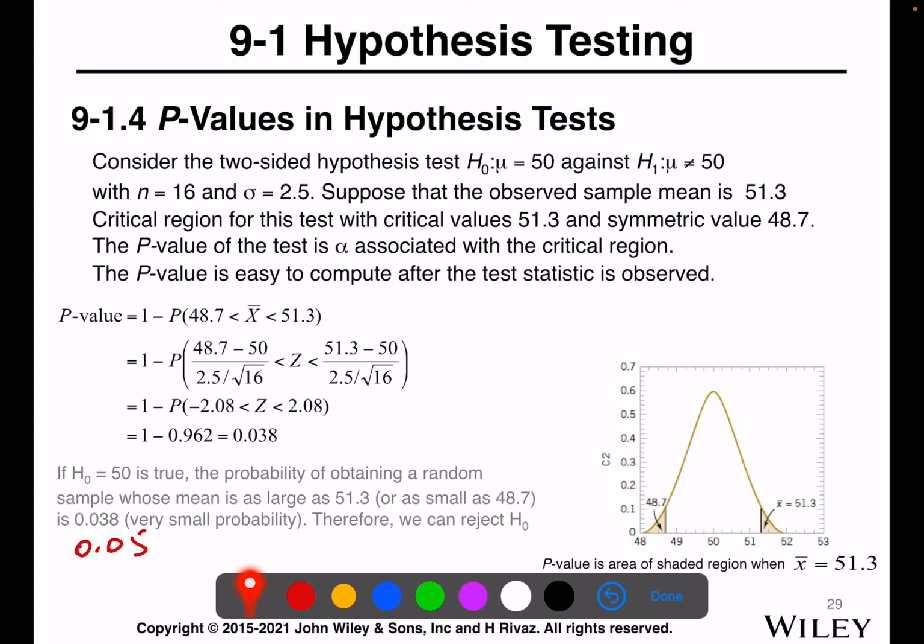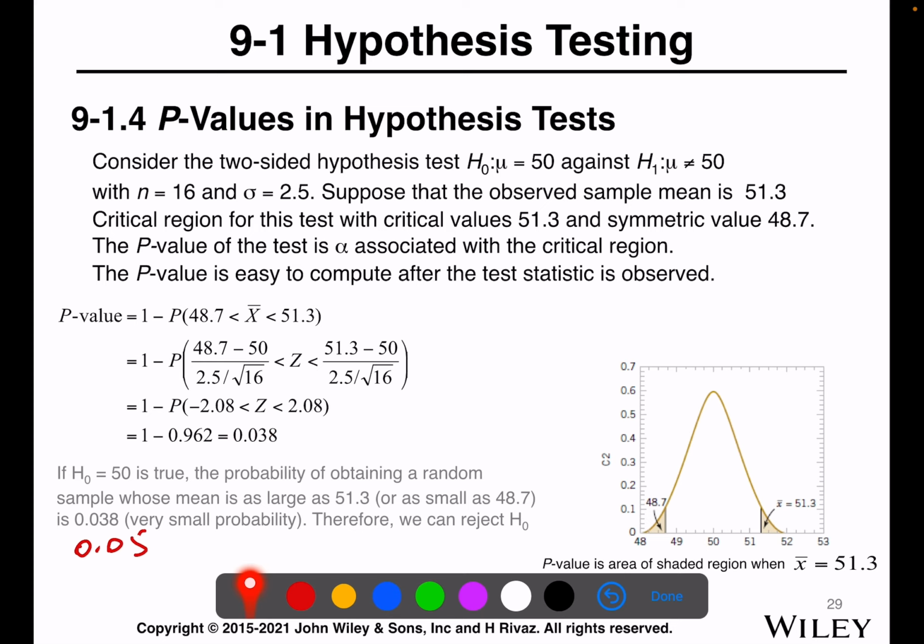Any questions? So meaning that the mean is actually not 50. The mean is either more than 50 or less than 50, with a significance of 0.038, right? Or around 4%. Questions?